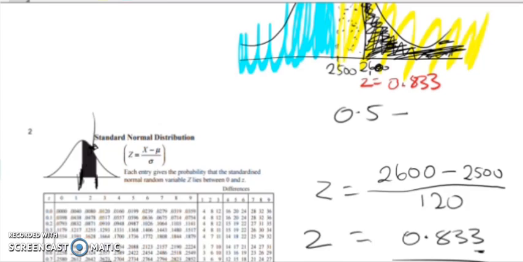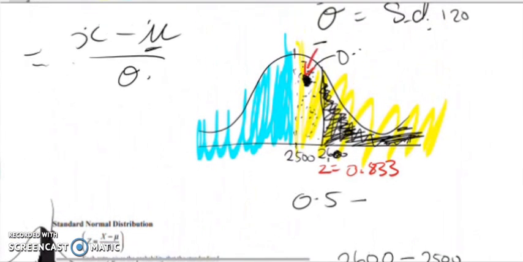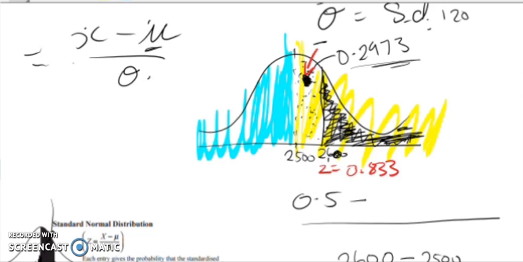It's this shaded area. So our probability of 0.2973 goes in there. Remembering the yellow section is a half, we want to take this away. So a half, take away 0.2973 gives us the probability of this shaded area.